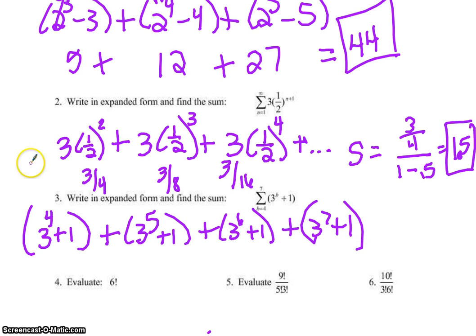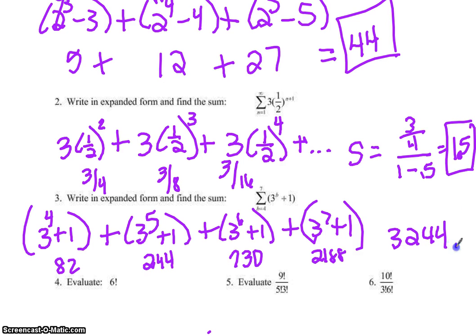So 3 to the 4th plus 1 gives you 82. 3 to the 5th plus 1 gives you 244. 3 to the 6th plus 1 gives you 730. 3 to the 7th plus 1 gives you 2188. And then you would add all of those up, and you would get 3244. Once again, you can do each one and get numbers and add them up, or you could put the whole original problem in your calculator as long as you make sure and use your parentheses.